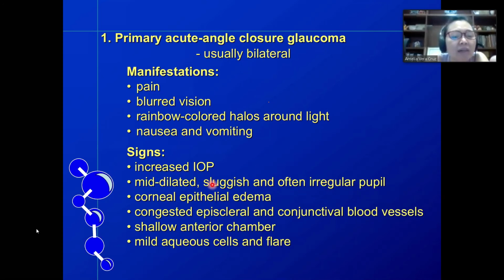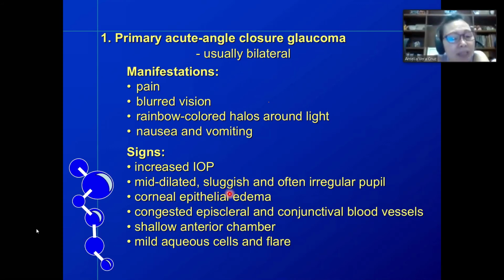In uveitis, usually your pupil is constricted. Your eye is also painful, your eye is red, but the pupil is constricted. In acute angle closure glaucoma, the pupil is mid-dilated and sluggishly reactive to light, sometimes not reactive.